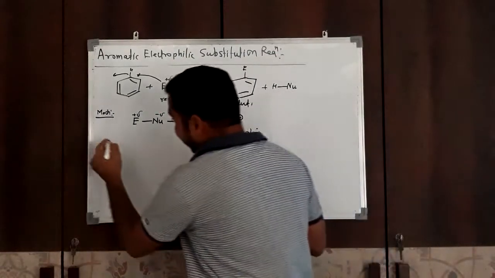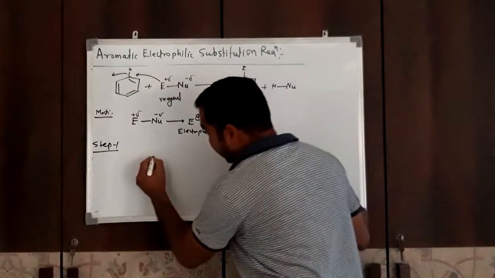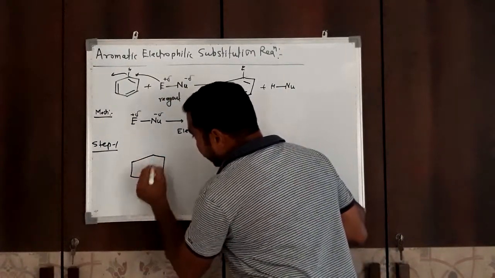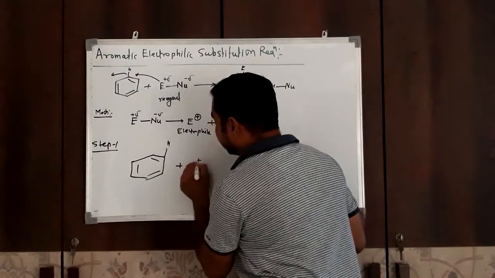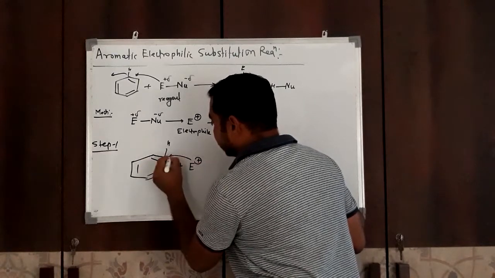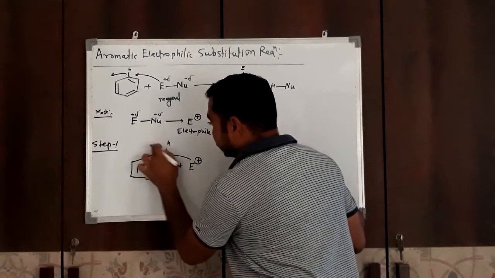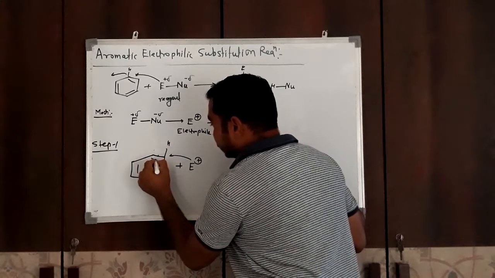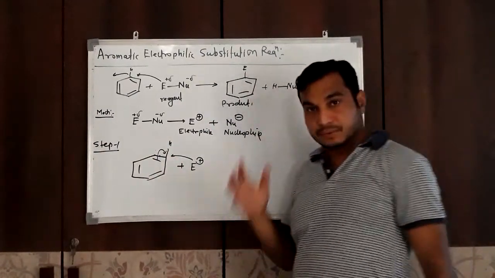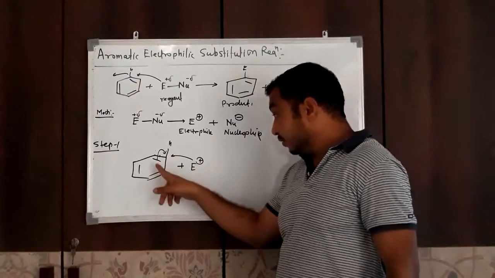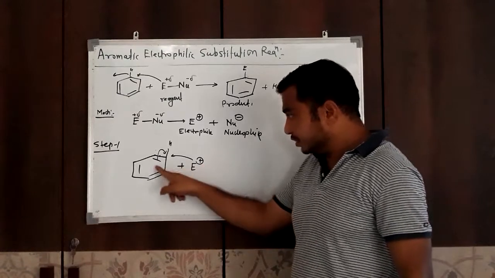Now, the next step, step 1, the actual reaction. In step 1, what happened? This E plus will attack like this. One of the pi electrons of this benzene ring forms a bond with E plus, because E plus is positive and the benzene ring is negative.